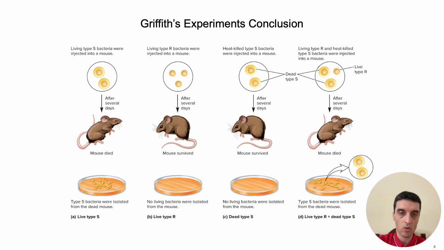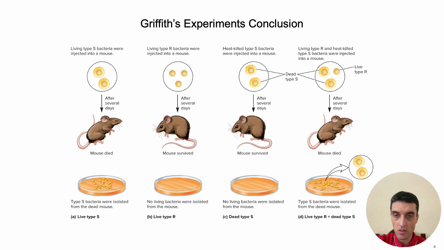And here is just a conclusion of the experiment. Smooth kills, rough doesn't kill. Dead smooth doesn't kill. When you mix that dead smooth with live rough, the live rough started becoming like the smooth bacteria, and then it kills.